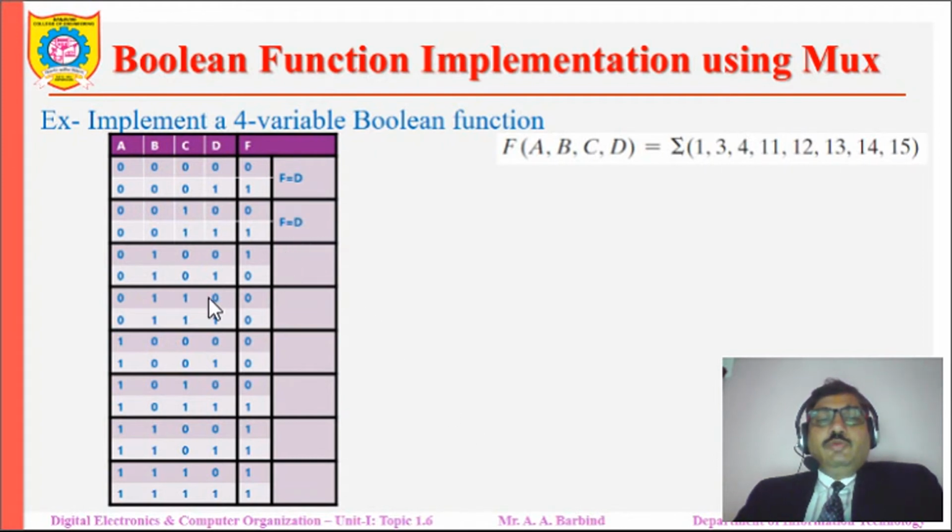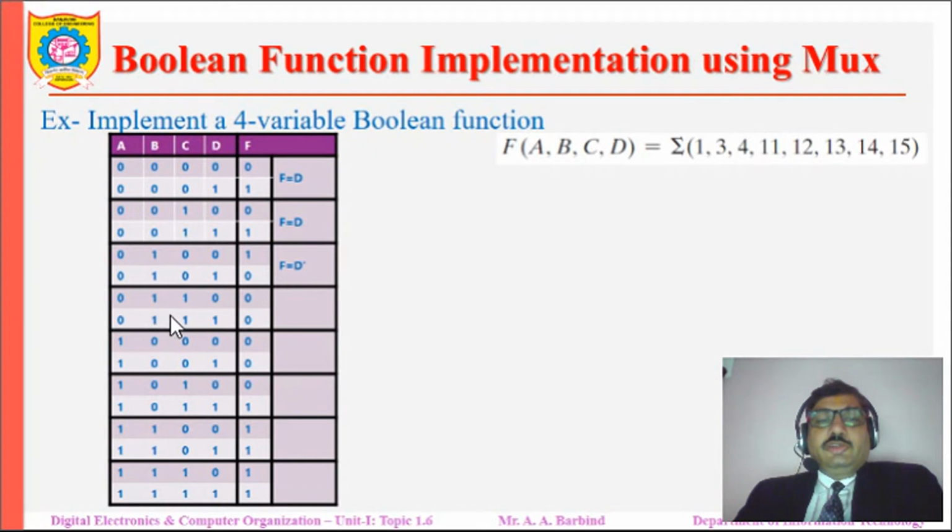Now if we move to the next pair for which ABC is 0, 1, 0, the relationship between f and d is an invert relation. When d is 0, f is 1. When d is 1, f is 0. So we write there f is equal to d bar.